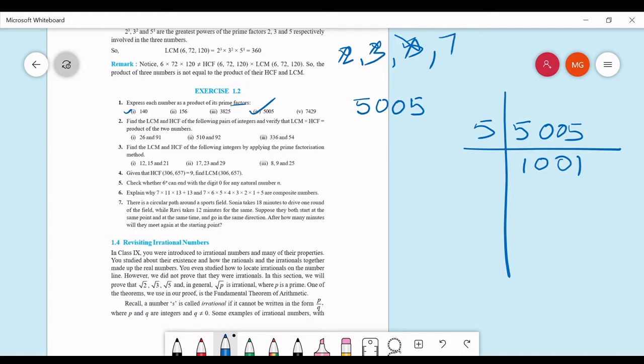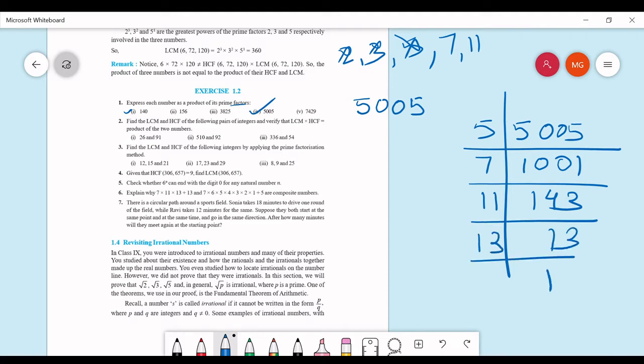So the next prime number is 7. So can you divide it by 7? Yeah, you will be getting 143. Now, so 143 you got. Next, can you divide it by 7 now? No, you can't. So the next prime number is 11. So we'll take 11. So this will give us 1 and 3. And 13 is your prime number, right?